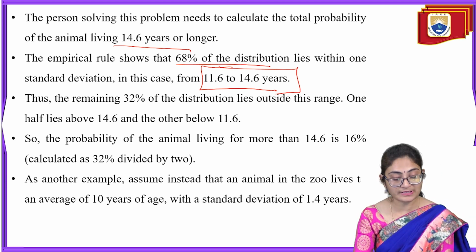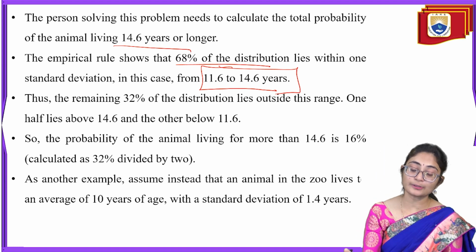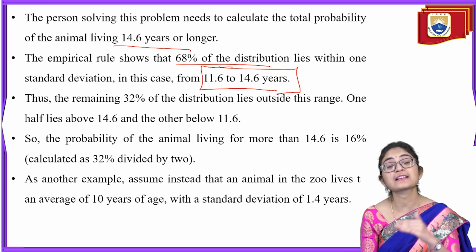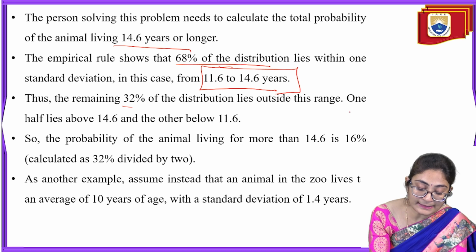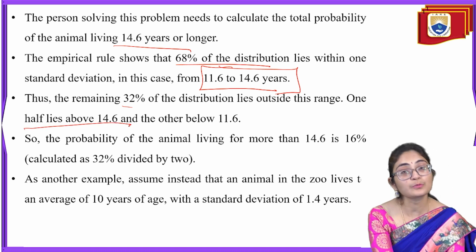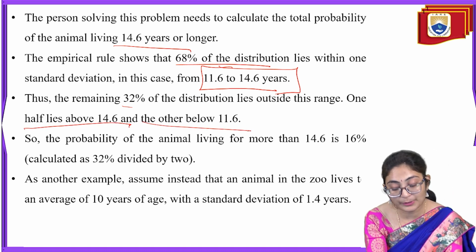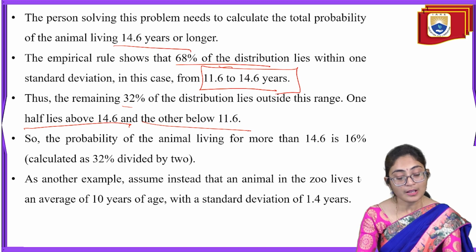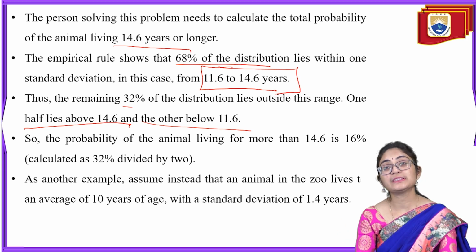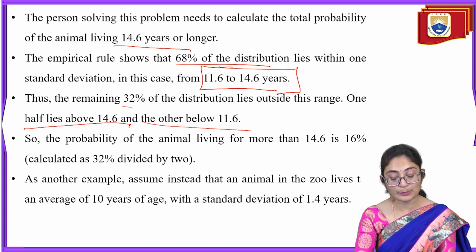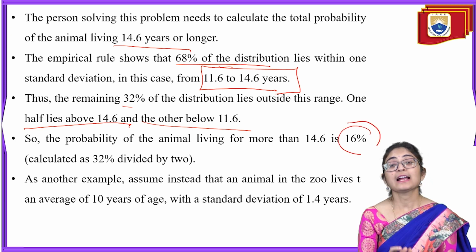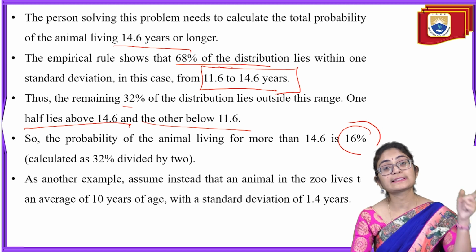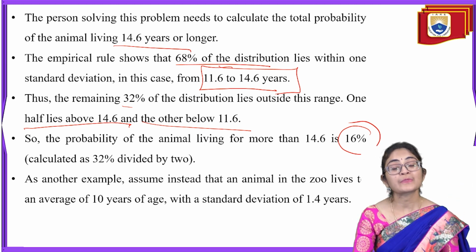These are the 68%, and the remaining 32% of the distribution lies outside the range. So one half lies above 14.6 and the other below 11.6. The probability of the animal living for more than 14.6 years is about 16%, and we calculate it as 32% divided by 2.